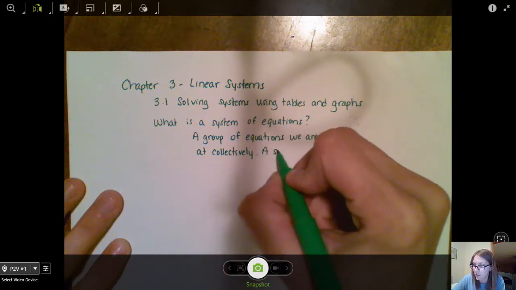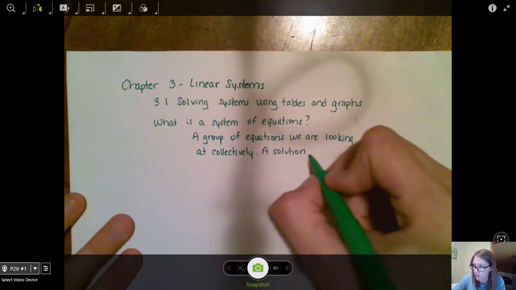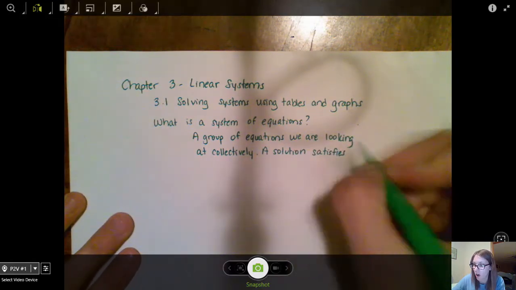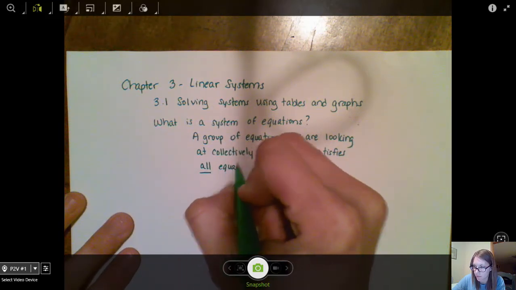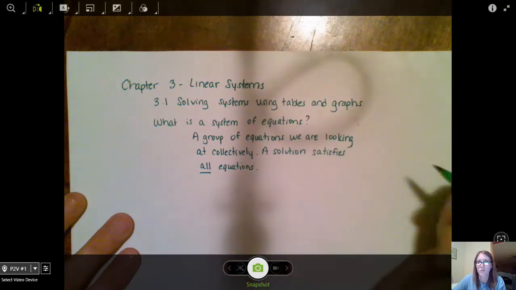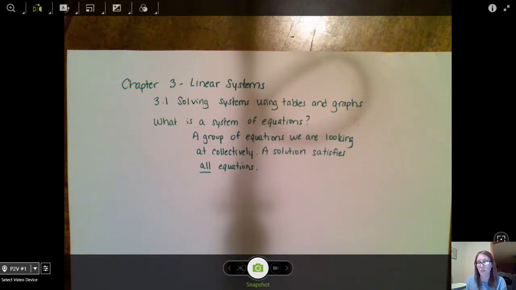And the solution to the system of equations satisfies all the equations, and not just one of our equations. A solution is true for all of our equations that we're looking at in our system.